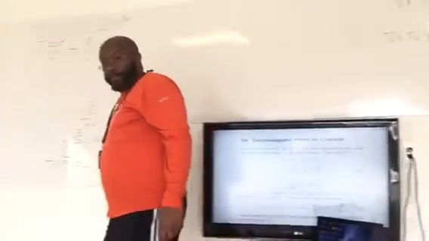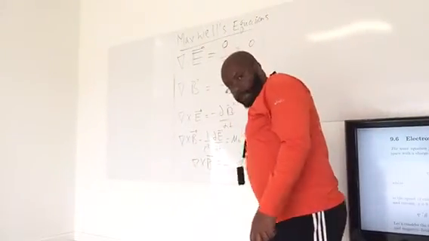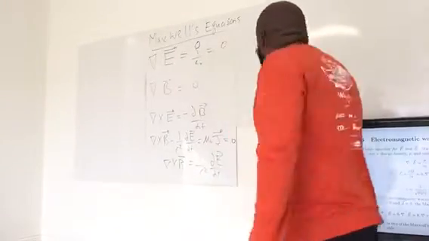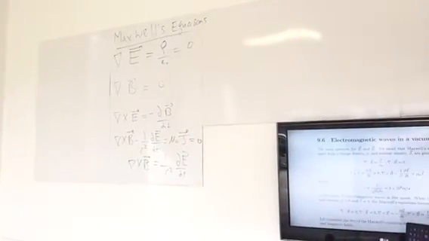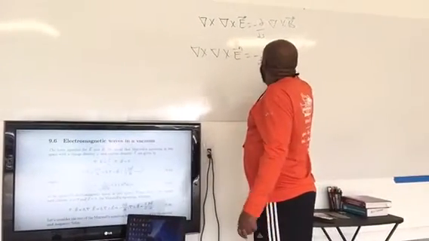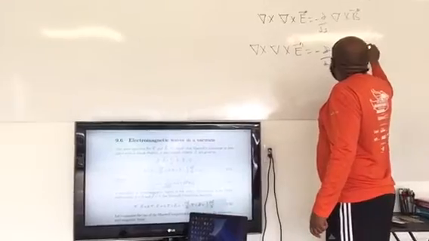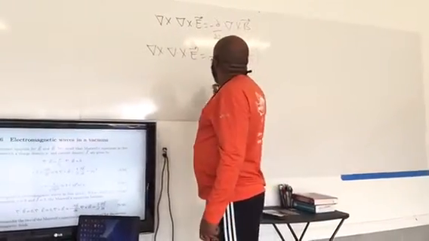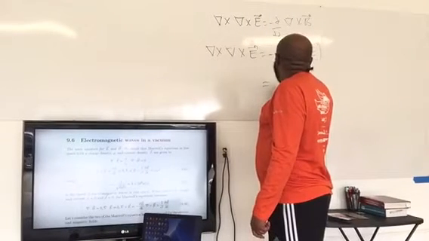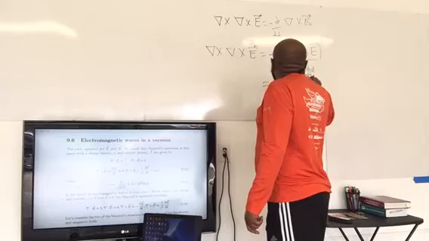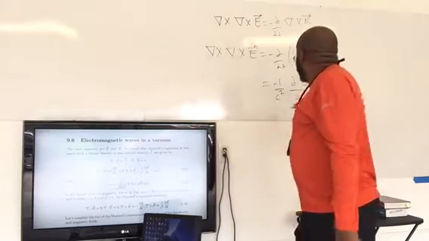I hope you can see it. So that's 1 over c squared dE by dt, so that is going to be minus 1 over c squared d squared E by dt squared.